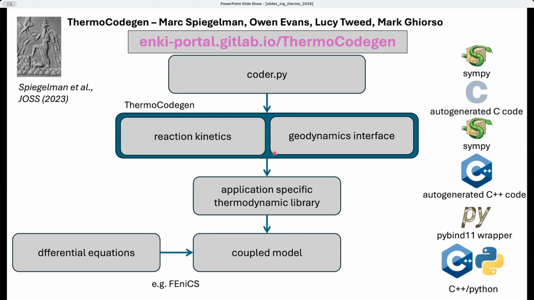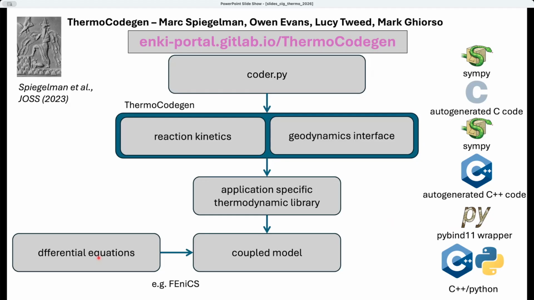And then rather than building up a library of thermodynamic databases, ThermoCodegen generates an application-specific thermodynamic library, which has both C++ and Python interfaces to it. And we couple that with some representation of our differential equations, for example using FEniCS, to generate a coupled model either in C++ or Python.